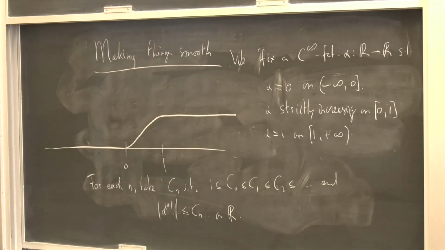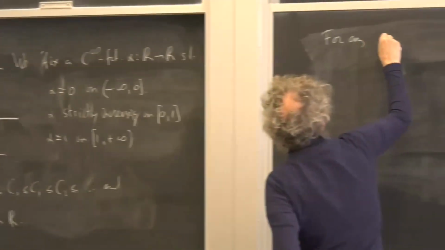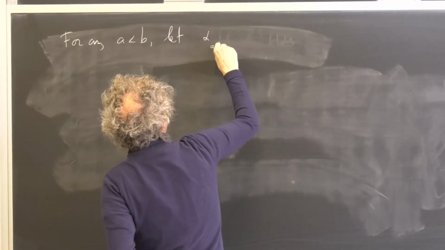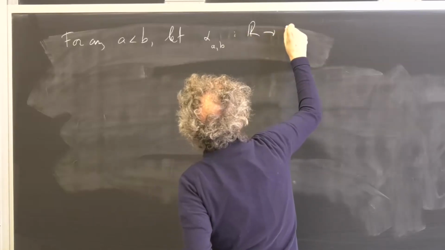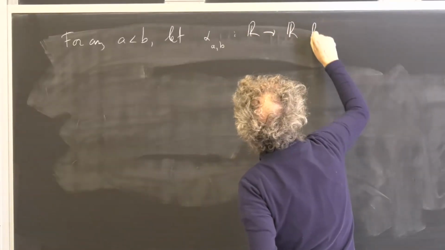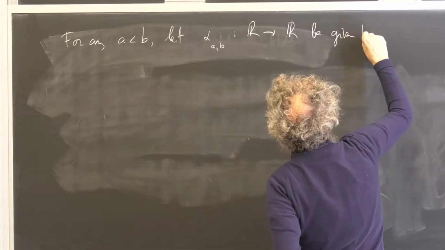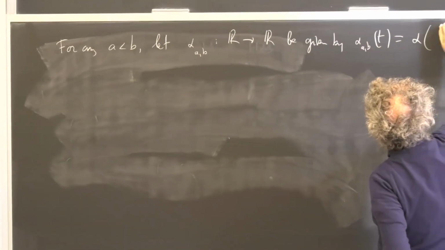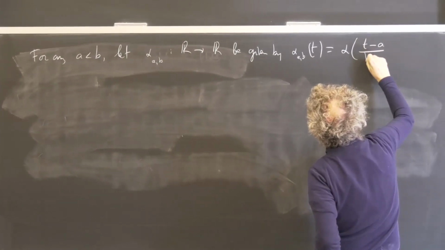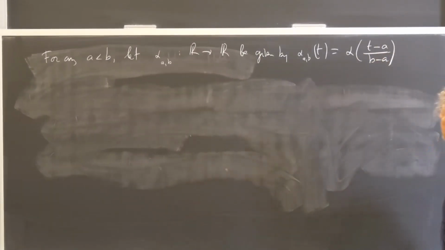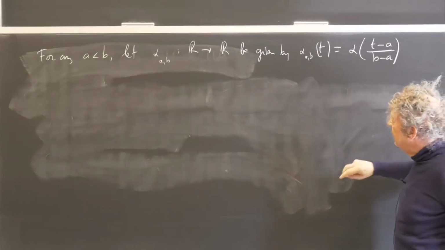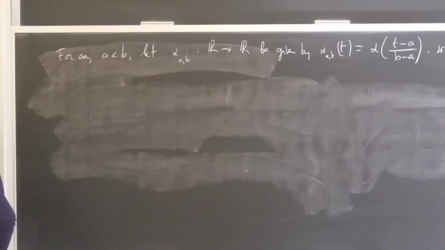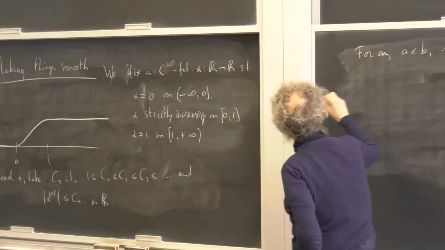Now, for any real numbers a less than b, we define alpha a,b by taking the obvious affine transform of the variable t, and that has the effect that you have this kind of thing with a and b instead of 0 and 1.